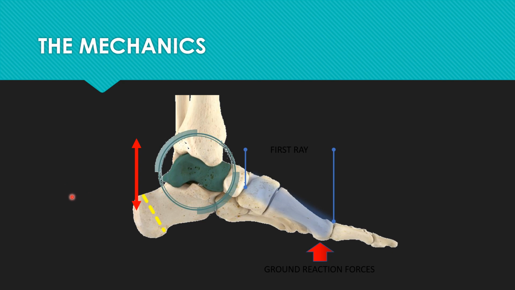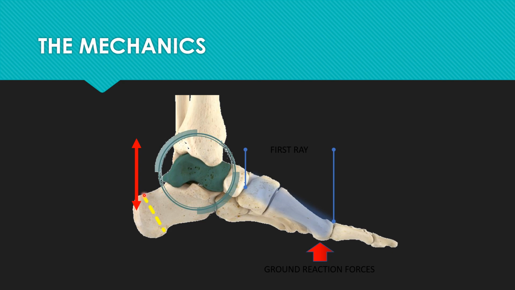So we're going to look at the mechanics of Sever's. This is an illustration I've taken from my e-learning course module on essential biomechanics. What I'm showing here is that the ground reaction forces of the foot act up here, and we've got the pivot of the ankle joint providing sagittal plane movement.